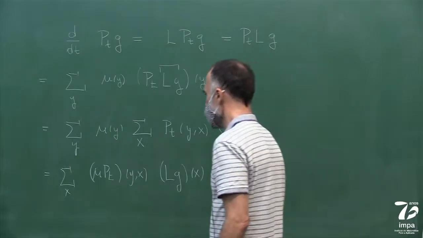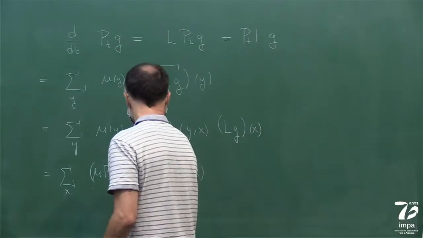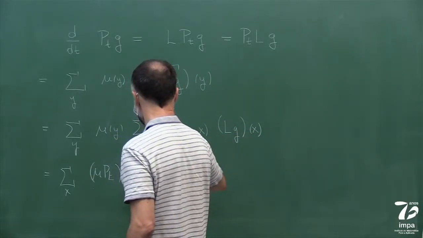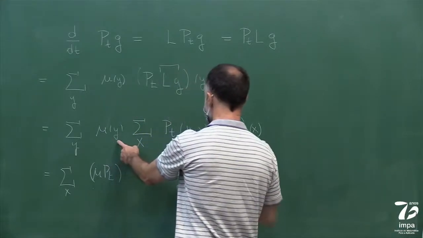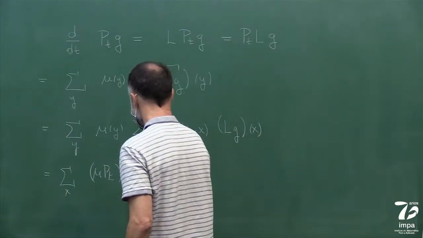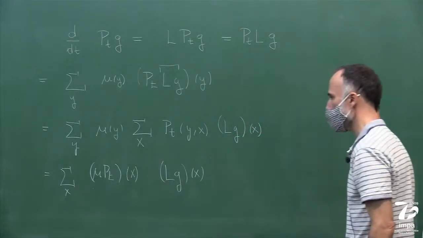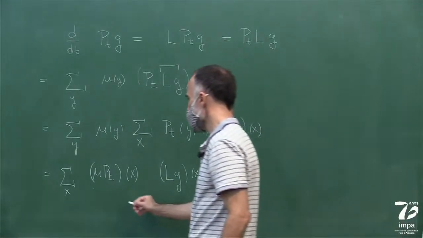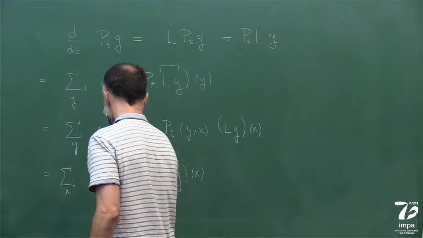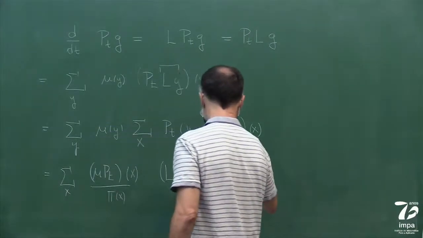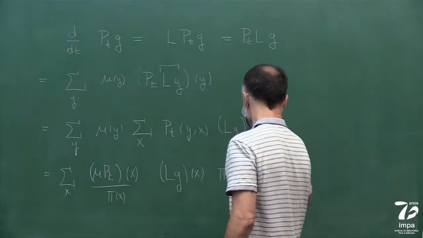And finally, let's divide that. Sorry, here I sum over y. So when I sum over y, this is mu Pt at x, LG of x. Let me divide by pi x and multiply by pi x.